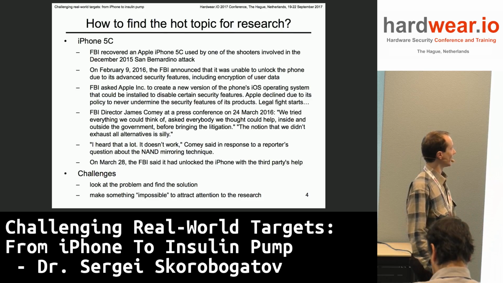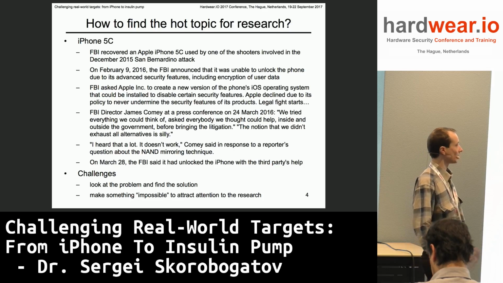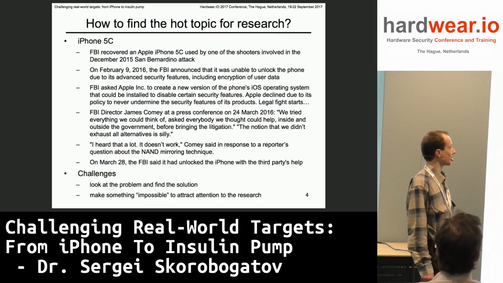And then they went into a legal fight with Apple, and at one point at the press conference, the FBI director said that they tried all possible ways to extract the information, and the only way is to go through the software. And when he was asked whether the particular process of NAND mirroring would work, he replied that it doesn't work, and it's impossible to try more attempts with NAND mirroring.